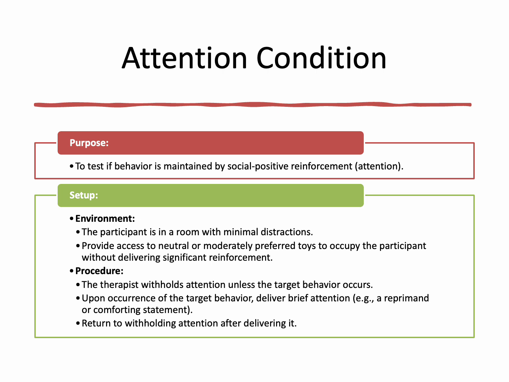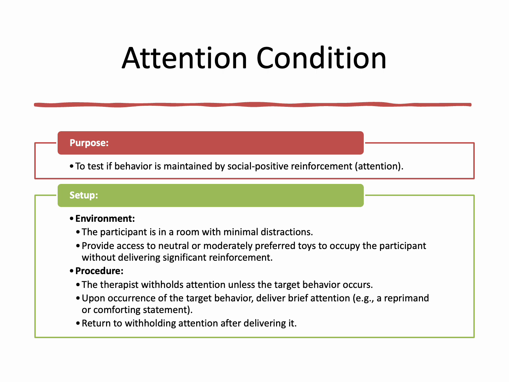Okay, so they're placed in a room with no distractions or minimal distractions, and then they're given access to a neutral or a moderately preferred item, and then we just see if they engage in prompt behavior in order to gain attention. So if the client engages in prompt behavior to gain attention, we're going to deliver that attention.